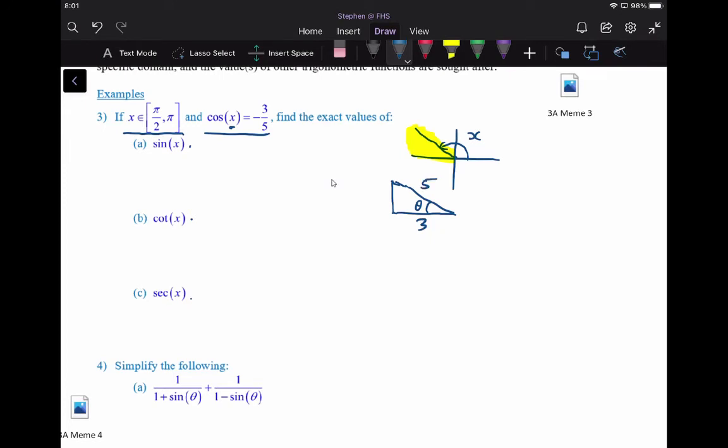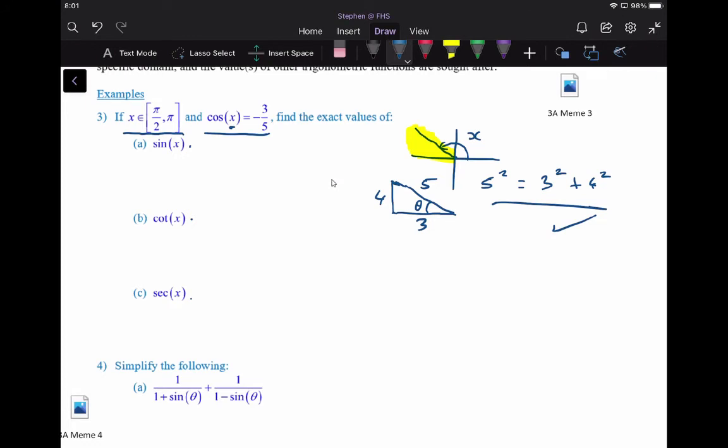So we've got a hypotenuse of 5 and an adjacent of 3. Now, one thing you also need to know is that a very common Pythagorean triple is what we call the 3, 4, 5 triangle. So if you know that your hypotenuse is 5 and one of your shorter sides is 3, automatically the other side is going to be 4. You can also double check that by checking 5 squared equals 3 squared plus 4 squared. That is something that certainly works.